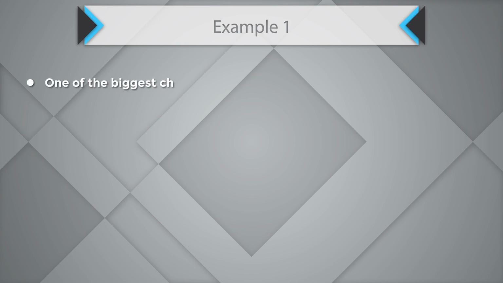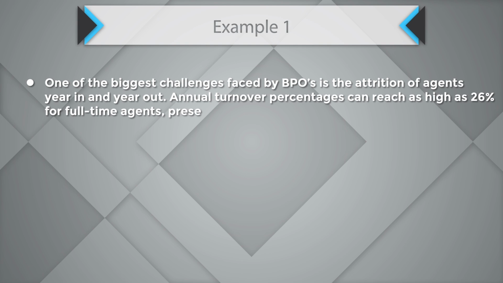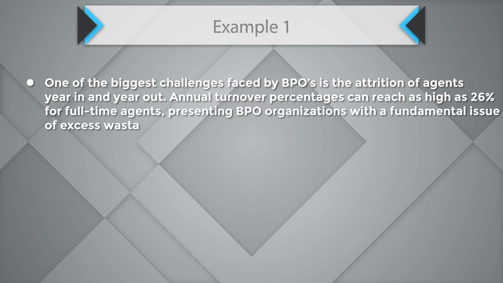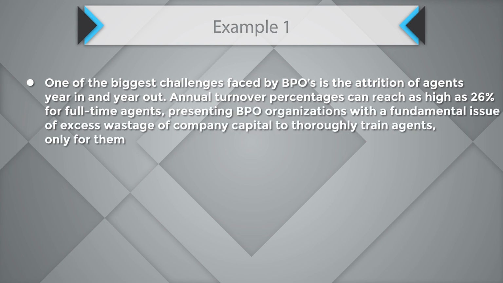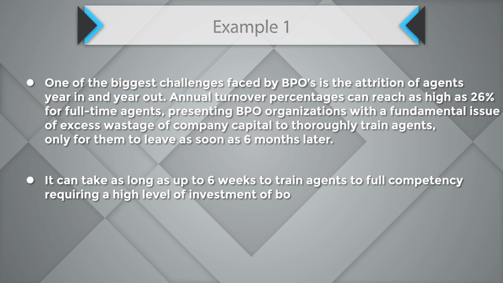One of the biggest challenges faced by the BPO industry today is attrition of agents. The annual turnover percentage in certain organizations could be as high as 26% for FTEs or full-time agents. And it can take as long as up to 6 to 9 weeks to train agents to full competence, requiring a high level of investment in both time and money.